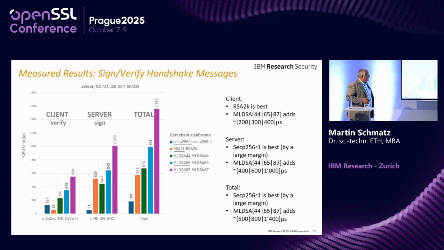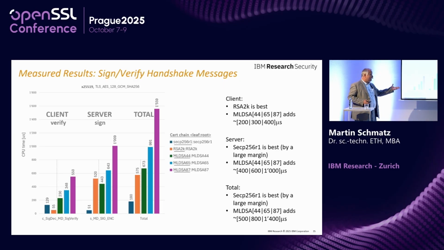If you actually look at the different figures, well, for the client, we all know RSA is really good for clients, really bad for servers, and the opposite is true for P256. And we add on the client, depending on which ML-DSA version you're using, 200, 300, 400 microseconds, and then on the server, the same thing.